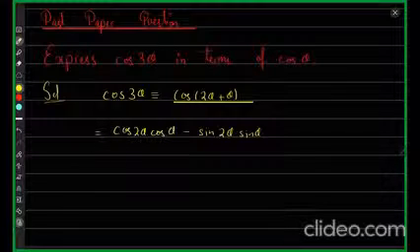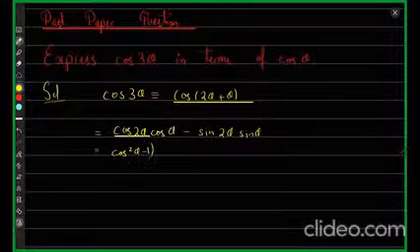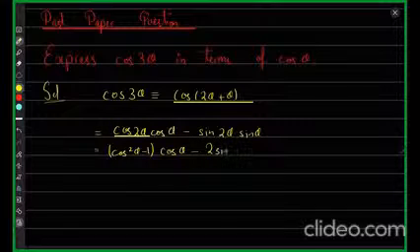And finally I can write cos 2 theta as 2 cos squared theta minus 1. This is what I have just proved before the previous question. And then this is cos theta minus, and I can write down sine 2 theta as 2 sine theta cos theta, times sine theta.